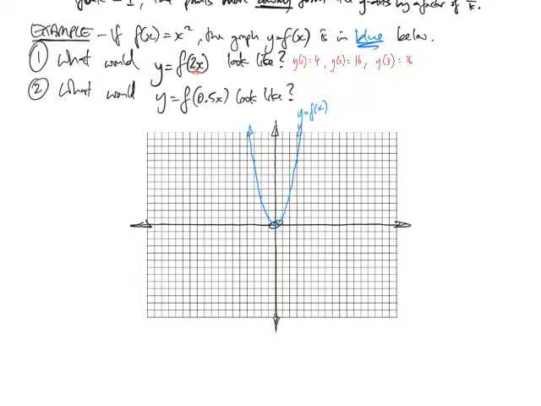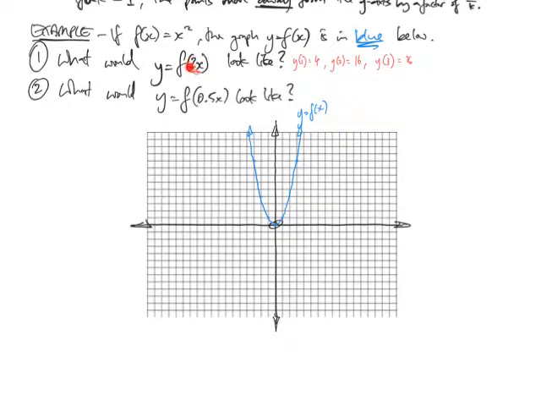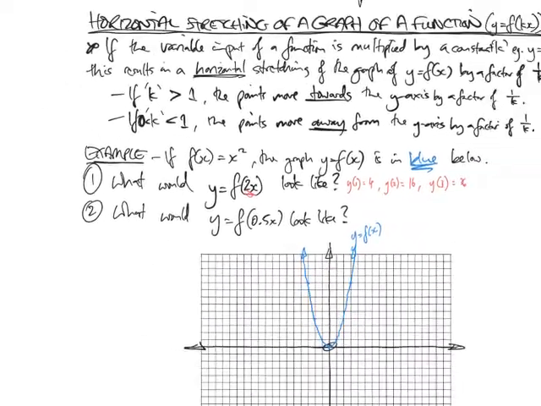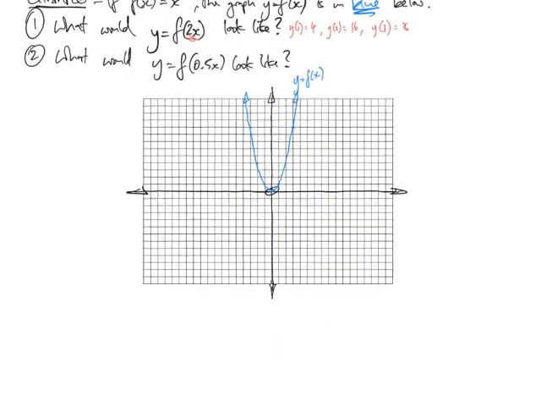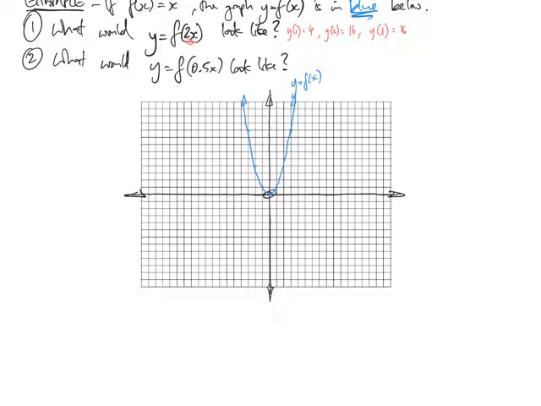So here you're going to see that when the constant is greater than 1 and it's multiplying the variable, you're getting a horizontal stretch towards the y-axis. When I draw that in here, at x equal to 1, it starts at 0 still, but at x equal to 1, y is going to be 4.